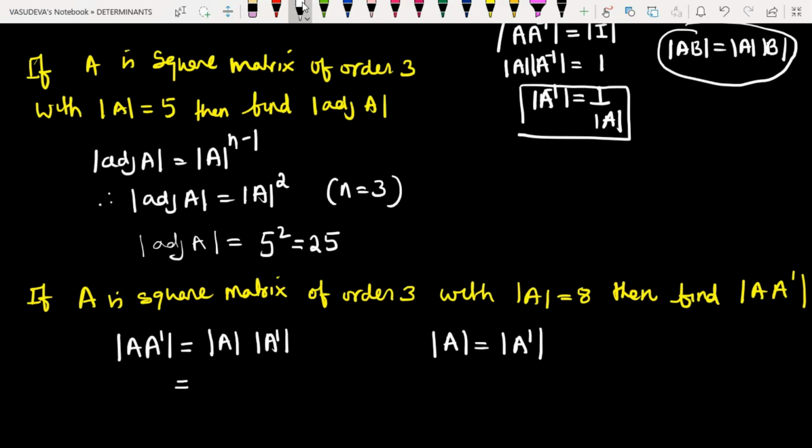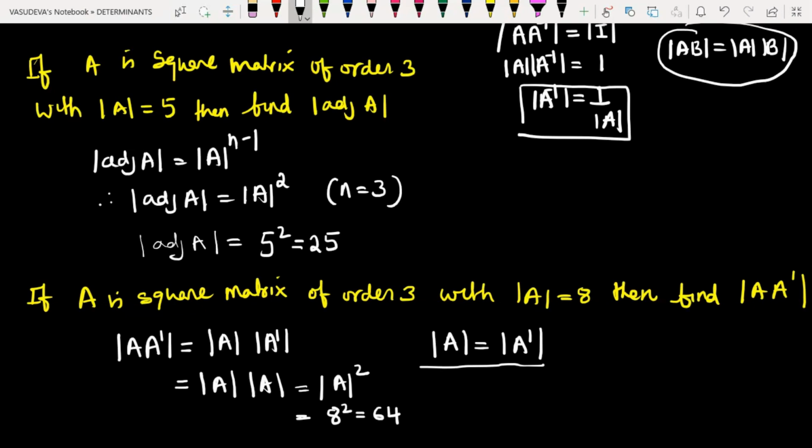This is the first property we studied in properties of determinants. So determinant of A into determinant of A dash is determinant of A into determinant of A, which is determinant of A square, that is 8 square, equal to 64.